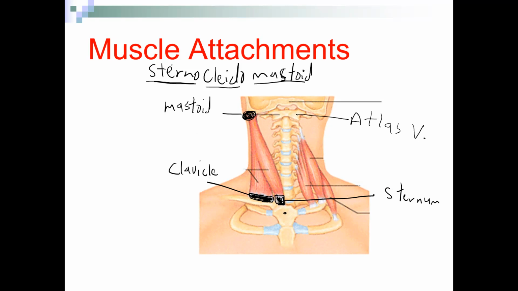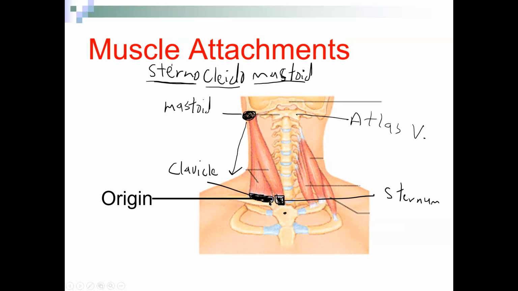Right? So when the sternocleidomastoid contracts, hopefully everybody can see that the head is going to be pulled down and to the side, right? As this muscle contracts this way. So based on how the muscle is attached, you can have an idea as to what movement will be caused by the contraction of the muscle, right?